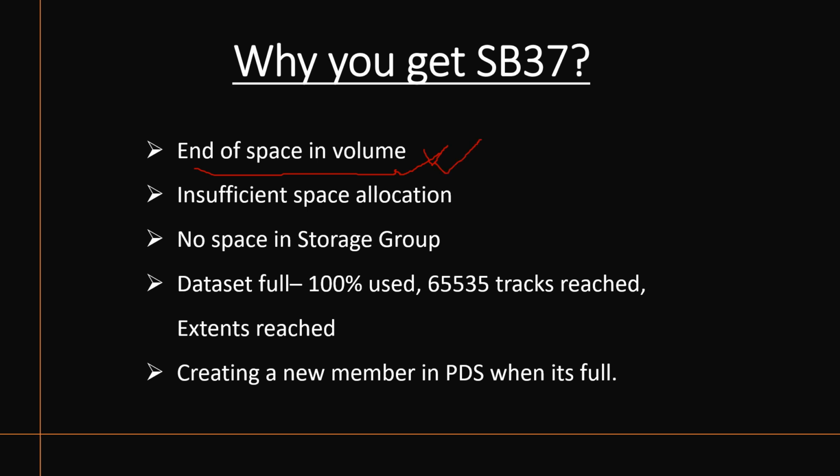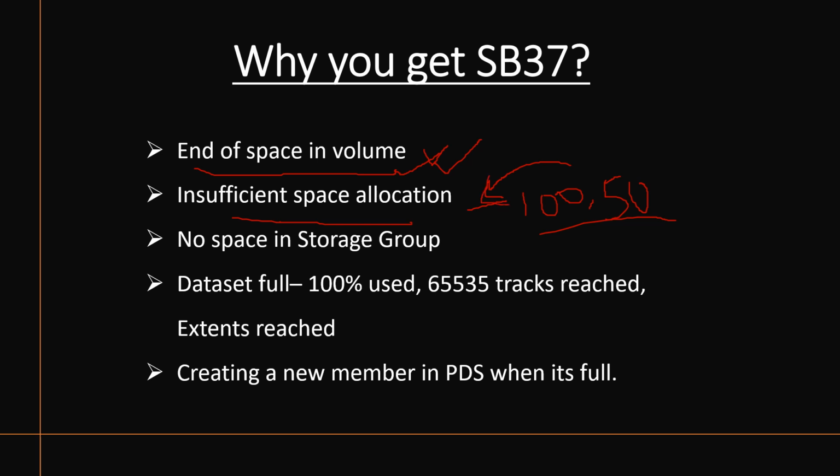In the same way, if there is an insufficient space allocation, say you have allocated 100,50, but you have more data than whatever space you have allocated, and the data set has been created with this much space and you need more data added into it, then it will say SB37.